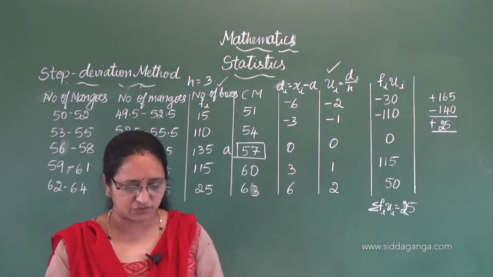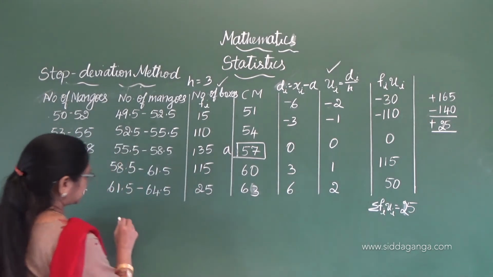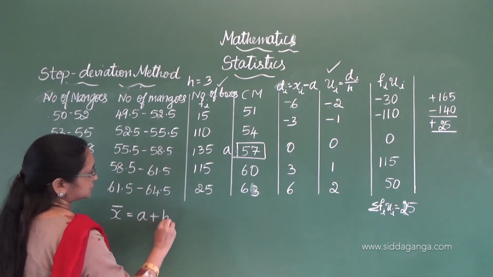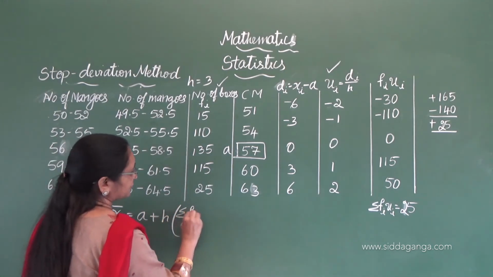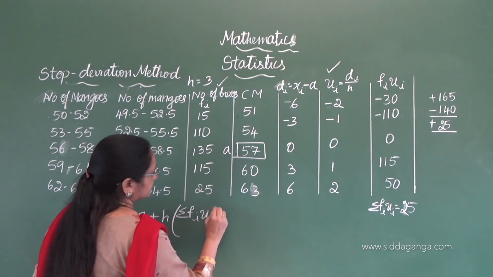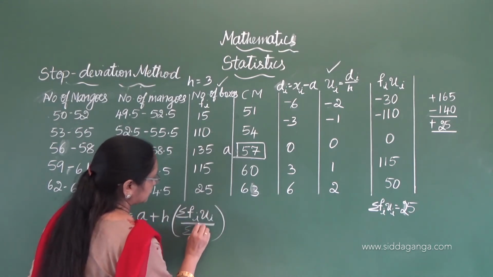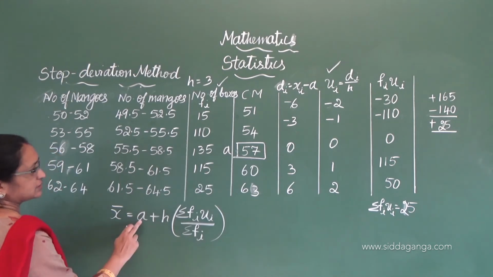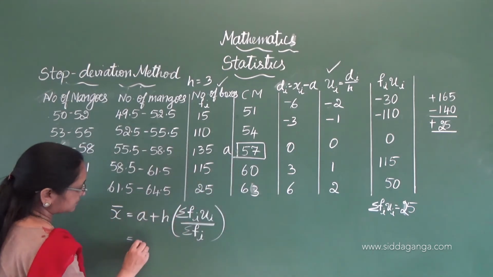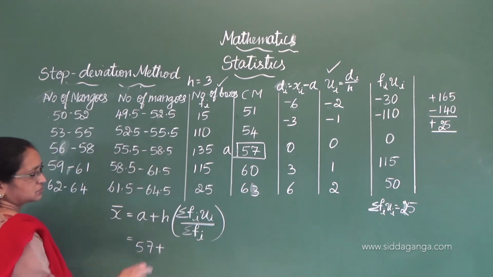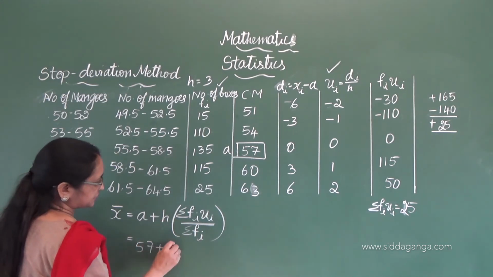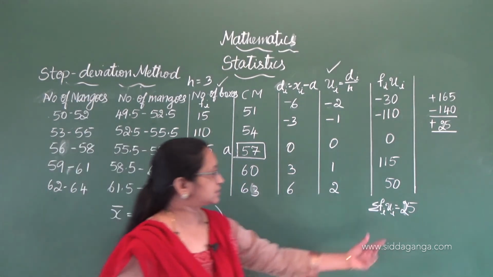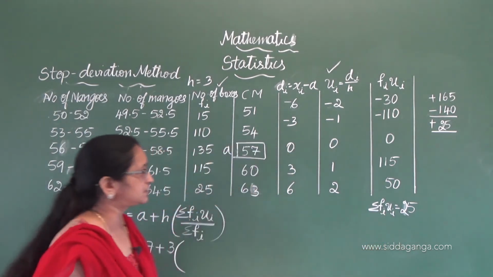Okay, now you know the formula to find out the mean by using the step deviation method. So let us write the formula first. X bar is equal to A plus H into sigma Fi ui divided by sigma Fi. A, what is A? 57 plus, what is H? H is 3 into sigma Fi ui, which is 25 here.